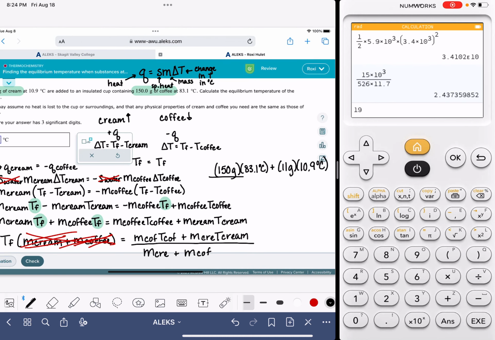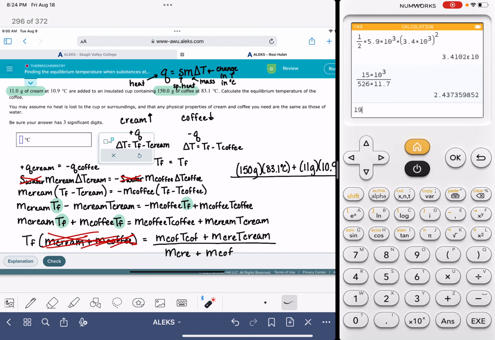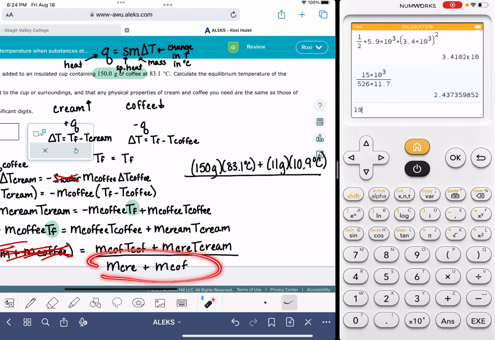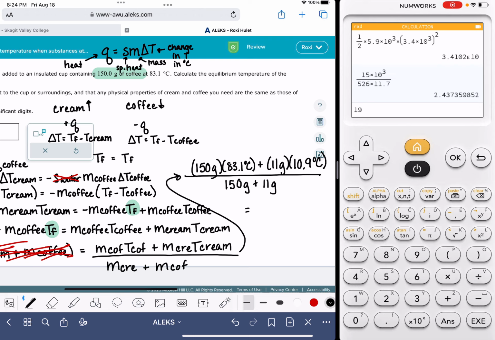And then I am double checking to make sure that I've got my data all in the right spot. Coffee, 11, 10.9. And then I am dividing by the two masses added together. So my two masses together, the mass of the coffee plus the mass of the cream. This should give us the final temperature. 150 times 83.1 plus 11 times 10.9.